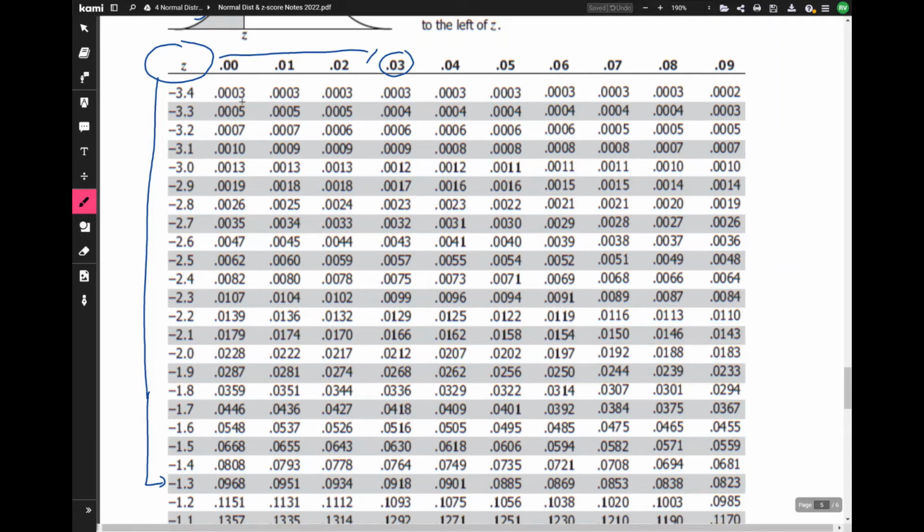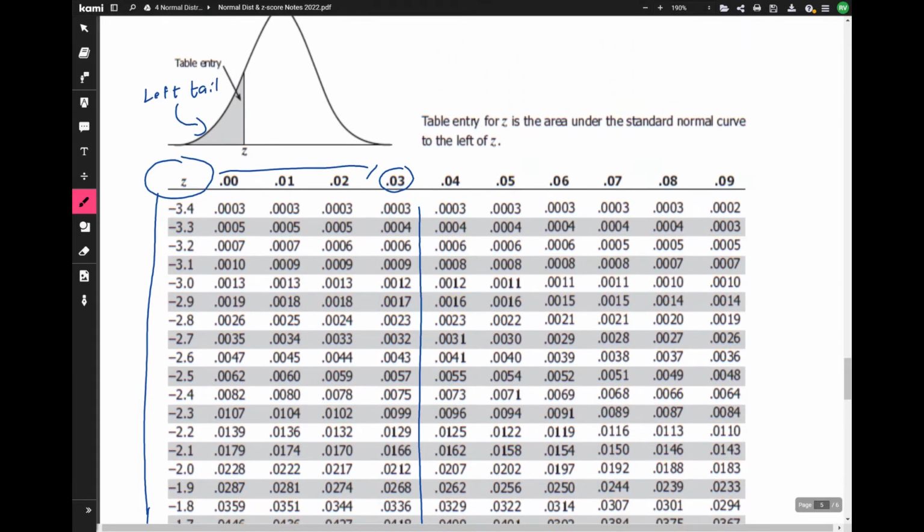So we go down this column and across this row, and we circle. This is the number that gives us the left tail of z equals negative 1.33. That's 0.0918.